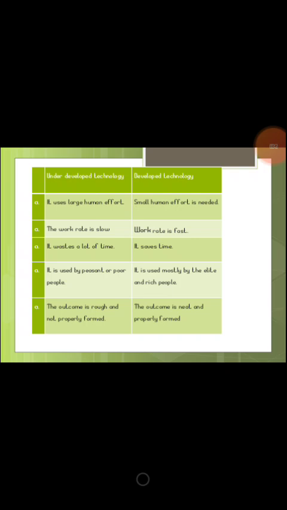Now let's look at the characteristics of underdeveloped technology and developed technology. Underdeveloped technology uses large human efforts, while developed technology uses small human efforts. Just for example, I want to grind my pepper on a grinding stone, and I want to blend my pepper in a blender.